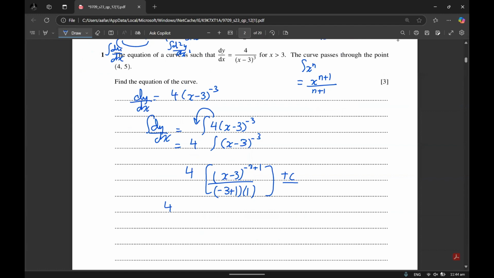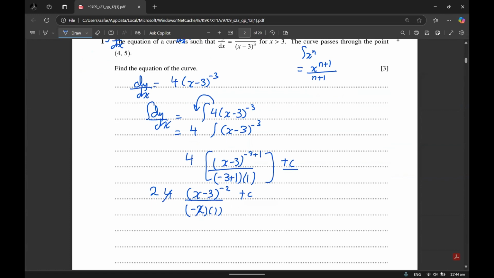4, this becomes (x minus 3) power minus 3 plus 1, which is minus 2, divided by minus 3 plus 1, which is minus 2, times 1, plus c. So you can see that 2 and 2 will divide and the minus goes up. So what we get is minus 2, and since the power is minus 2, we can bring it down and it becomes (x minus 3) whole square, plus c.